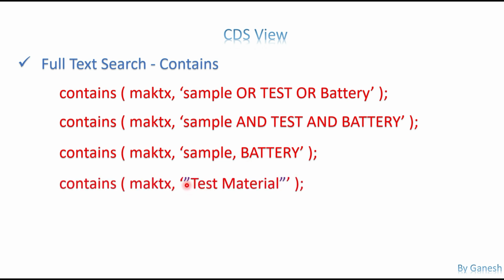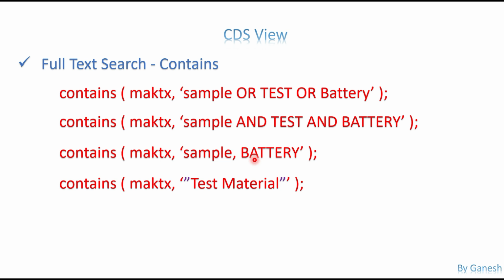And this is the test material within double quotes, within single quotes. With the double quotes, you are giving an instruction as a string. Previously, with sample or test in the entire MAKT field, wherever test comes, material test is also valid, test material is also valid.